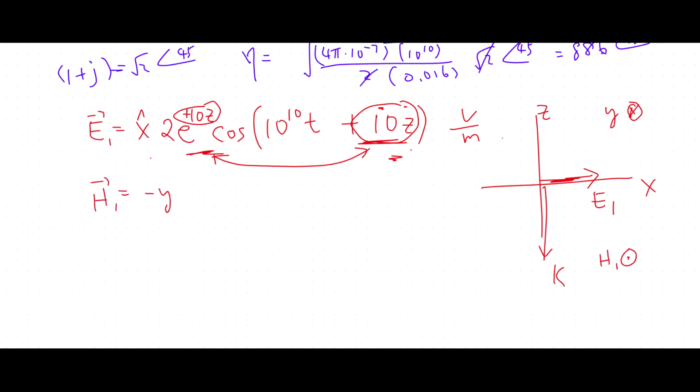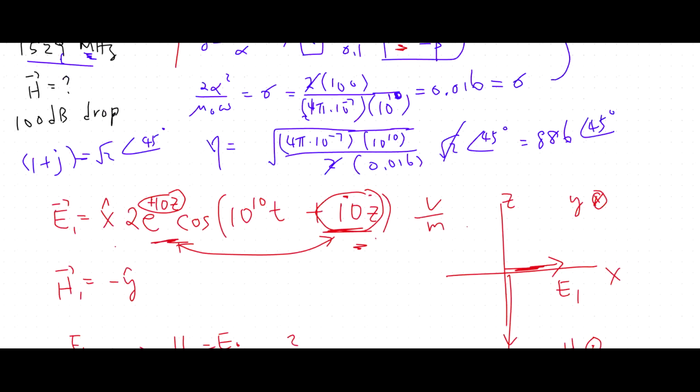The amplitude. Okay. So we say E naught over H naught is eta. So H naught is equal to E naught over eta. And E naught is 2. What is H? Oh, what is eta? Sorry. 86, 45 degrees.